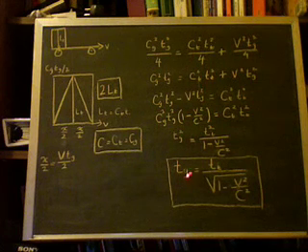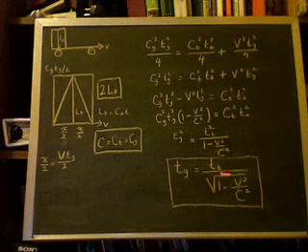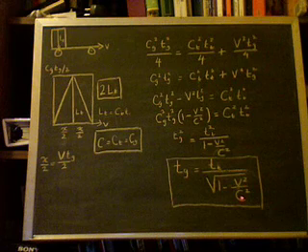Tg equals tt divided by square root of 1 minus v square divided by c square.